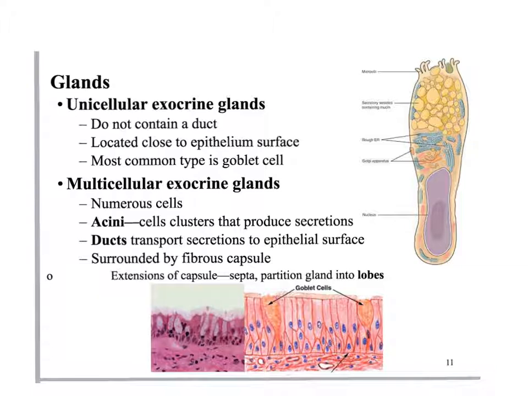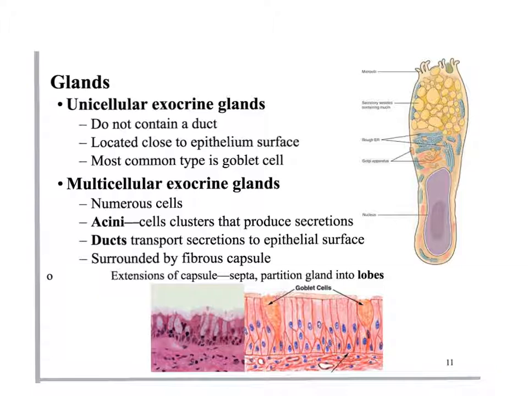Multicellular exocrine glands have multiple cells, numerous cells. They have acini, or an acinus, which are cell clusters that produce secretions. So it's not just one cell, it's a cluster of cells that produce secretion into the duct, and the duct ends up outside the body.